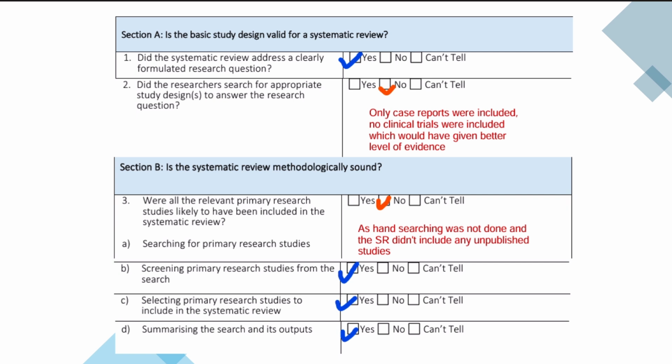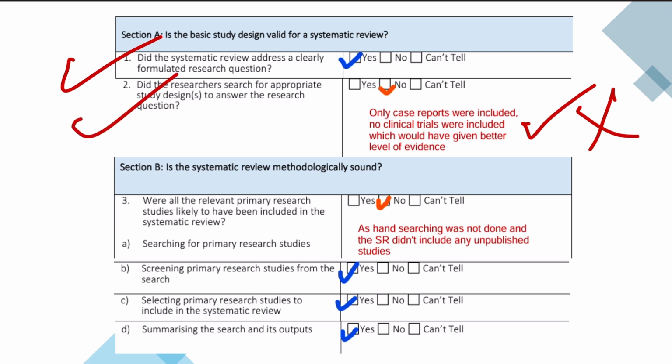Did the systematic review address a clearly formulated research question? Yes, they have addressed it. Did the researchers search for appropriate study design to answer the research question? No, because here only case reports were included, no clinical trials, and no prospective observational cohort studies. So that is a no.